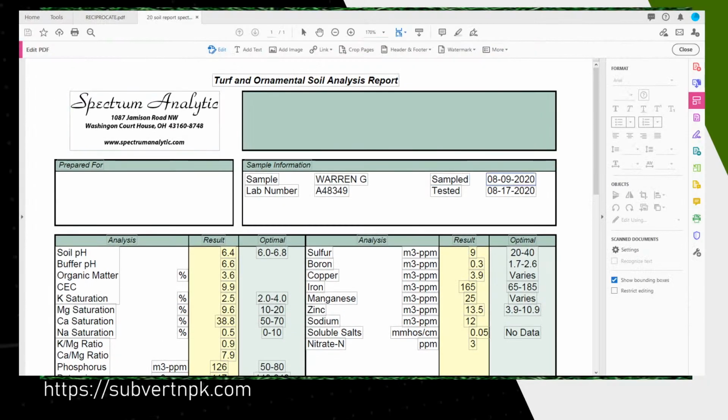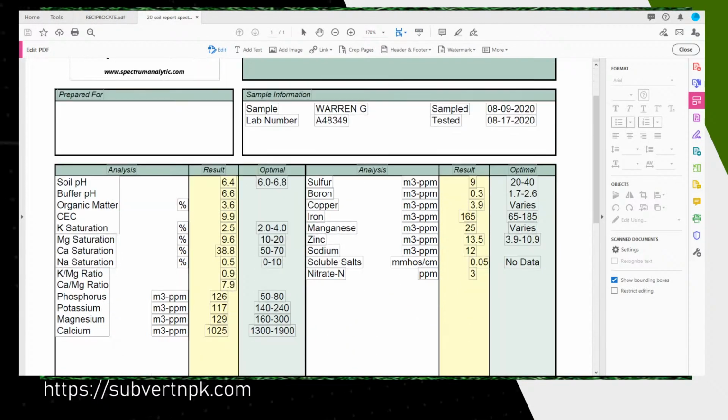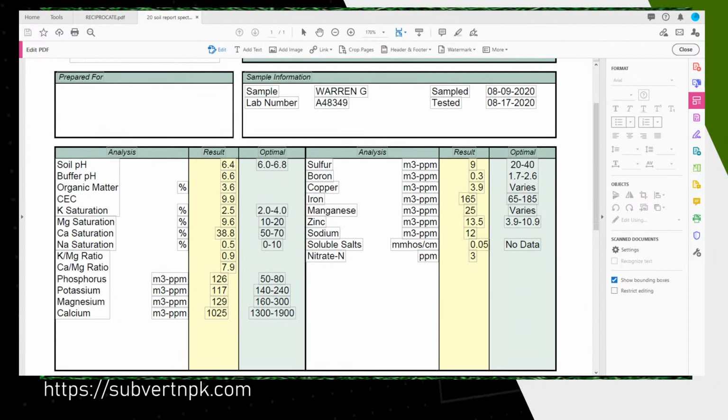So say this soil test here that I'm going to be looking at is from Spectrum Analytics. I pulled out the user's information who sent it to me. It was somebody in the Pacific Northwest. I'm not going to say who it was, but anyway, this was their soil test. And so we are going to transfer this information into the soil test values we have on the spreadsheet.